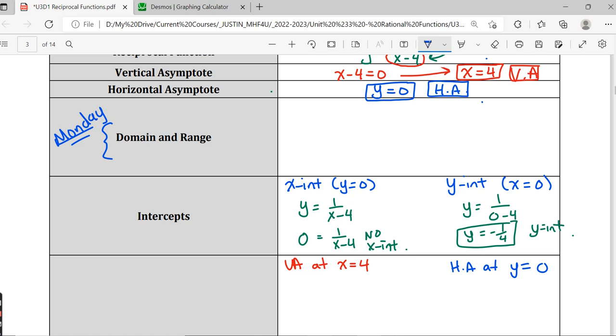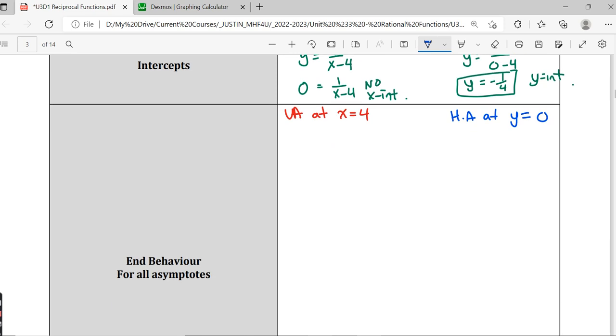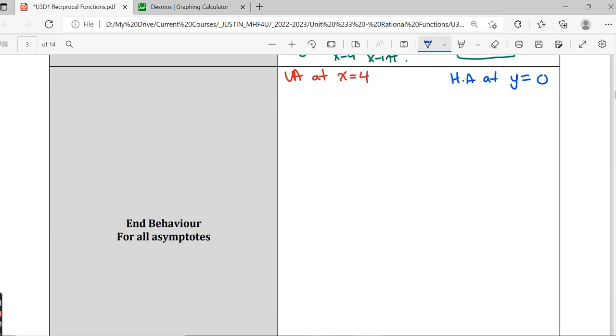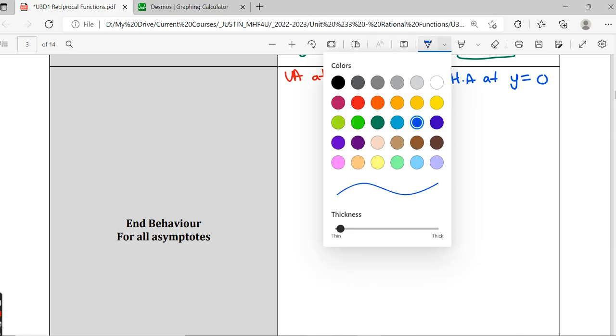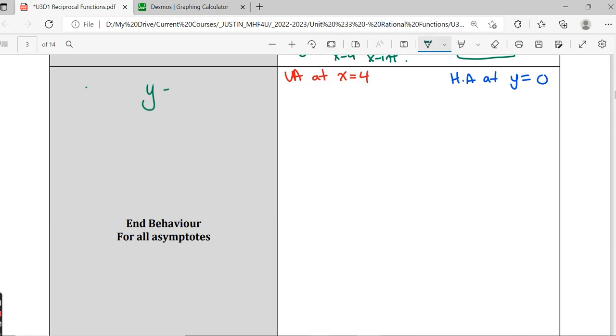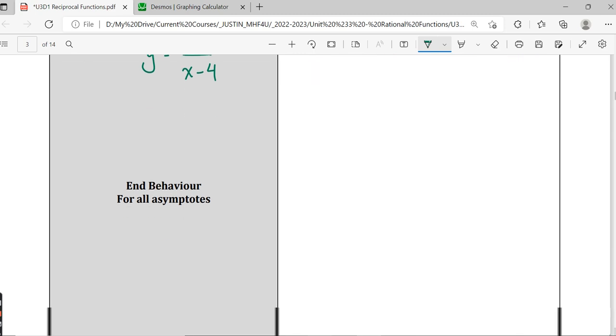So we need to find the end behavior because we need to know if it's approaching these from the left or the right or above or beneath, whether it goes to infinity or negative infinity. Okay? So what was our original function or reciprocal? It was y equals 1 over x minus 4. Okay. So how do we test these before we sketch them?